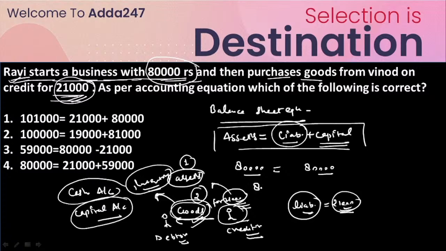That is 80,000 rupees plus 21,000 rupees, that is a part of the stock, or say a part of the inventory, equal to, now liabilities are included here. So liabilities would be 21,000 rupees plus capital, that is 80,000 rupees.